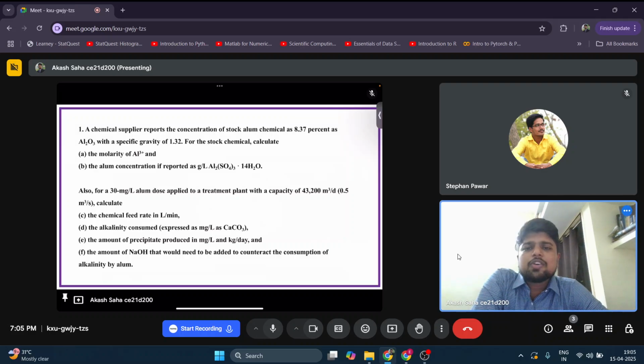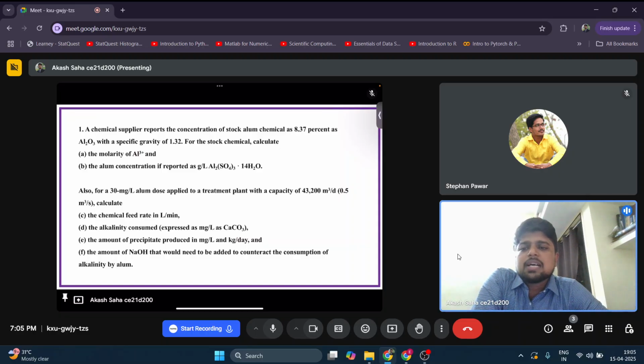For this chemical you have to calculate the molarity of Al3+ ions, and then the alum concentration if reported as gram per liter of Al2(SO4)3·14H2O. Generally we report alum in terms of Al2(SO4)3·14H2O.